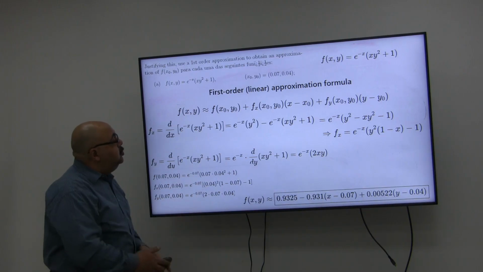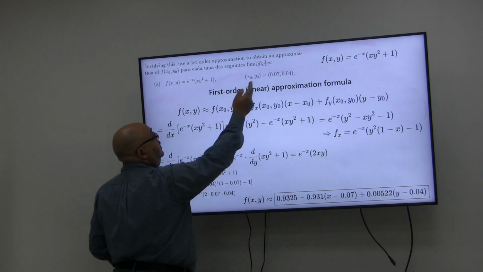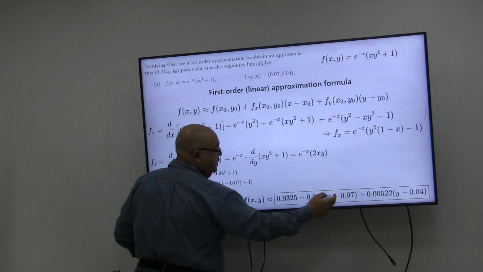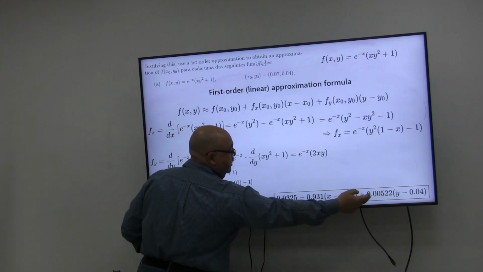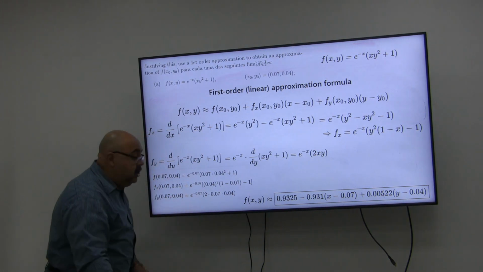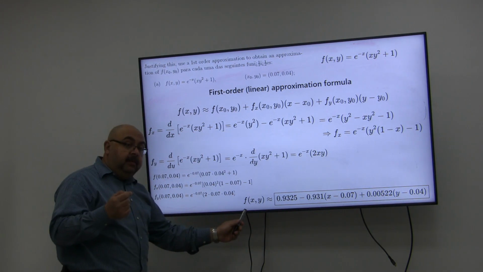Now direct substitution. This is going to be the value at the indicated point, and this is going to be the values of x minus 0.7 plus the function times y minus 0.24. At the time being, this is the approximating polynomial.